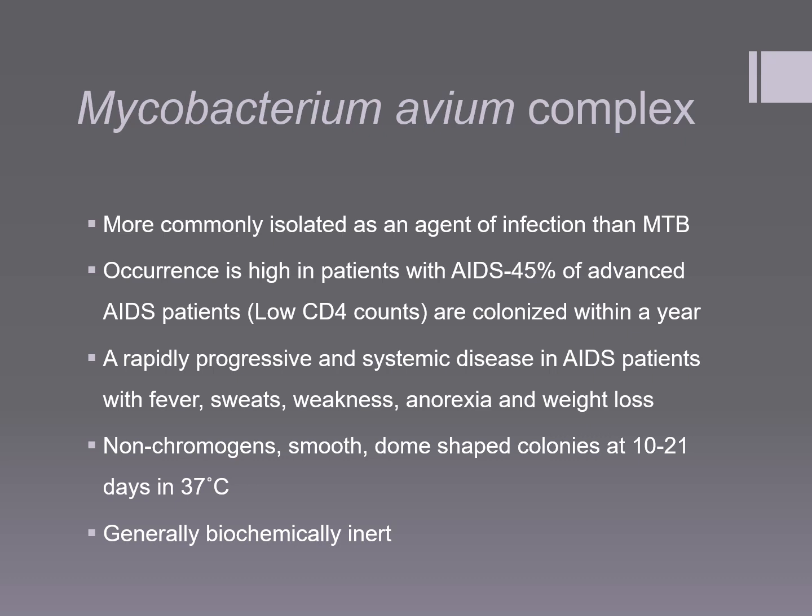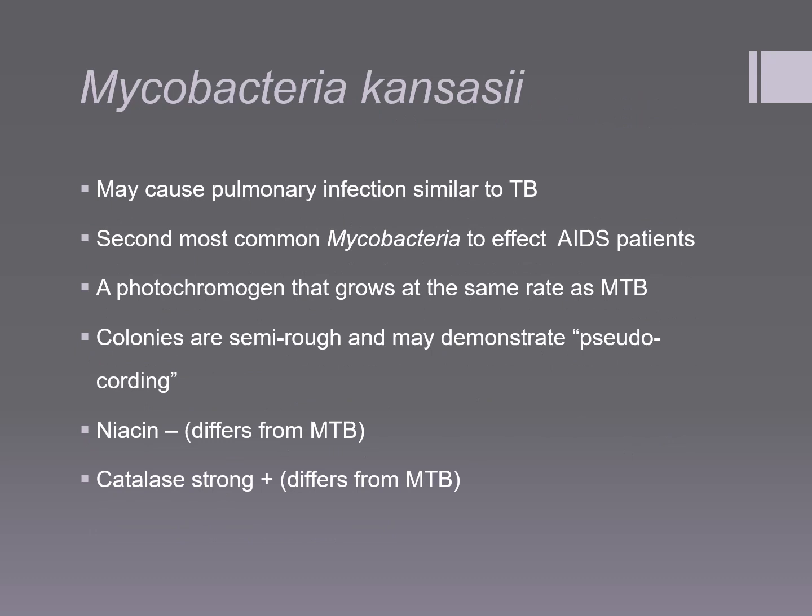So let's go ahead and talk about Mycobacterium kansasii, which is one that people can confuse with tuberculosis. Mycobacterium kansasii may cause a pulmonary infection very similar to tuberculosis, but it's less common than tuberculosis and less common than Mycobacterium avium complex. It can be a second organism of the Mycobacterium genus to affect AIDS patients.